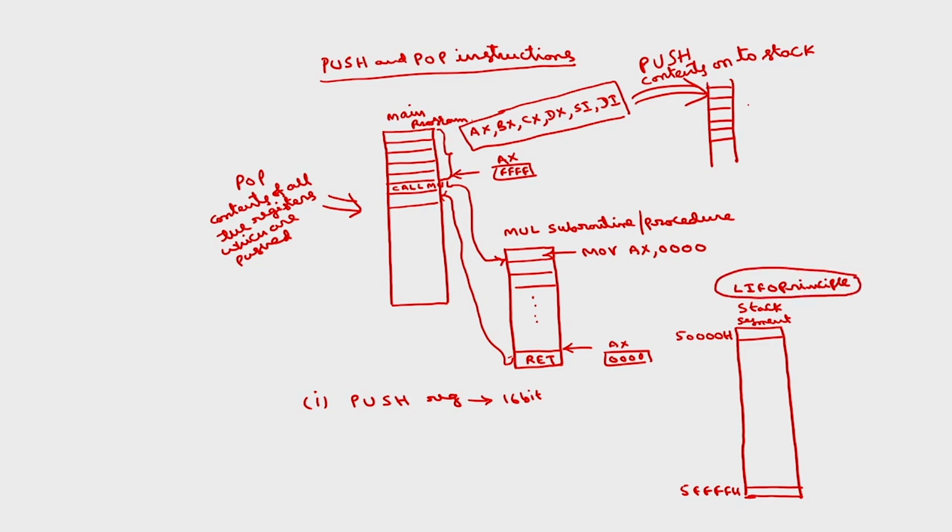Whatever data we are going to push will enter here like this. While taking back, the data which was inputted last will be outputted first. This is something like arranging plates in a rack. I first insert one plate, above that another plate, above that another plate.